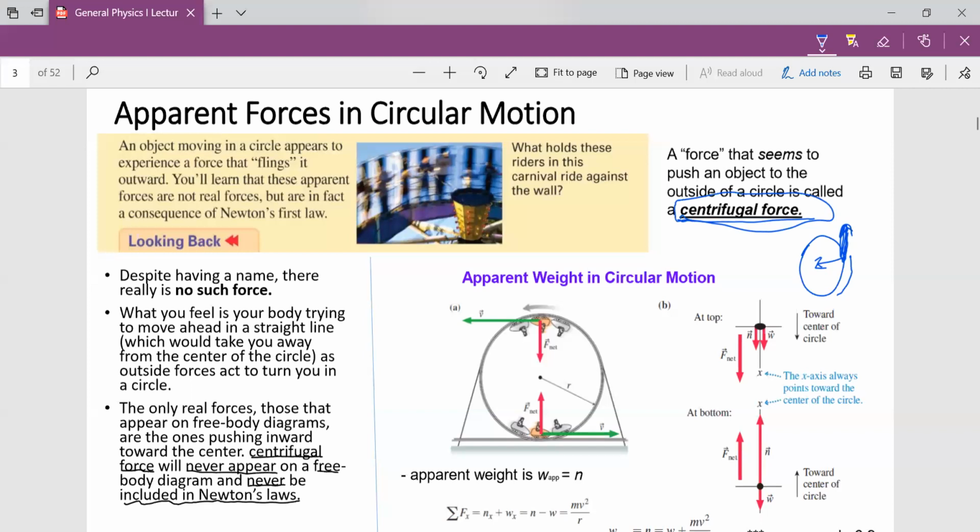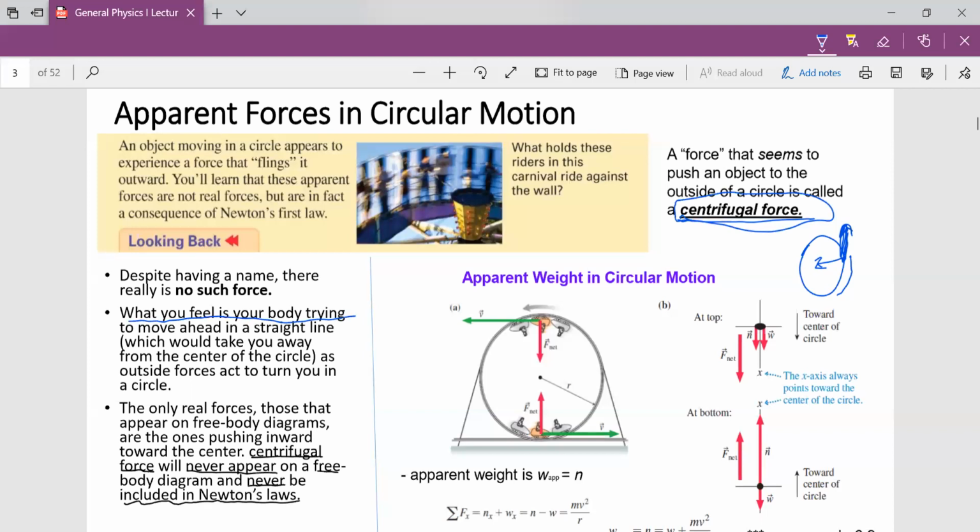So you experience a feeling as if you're being pushed outward, but actually it is that push that helps you take the curve so that the acceleration can be towards the center, because you're not going to go off the car. The car is taking the curve, but the object feels like it's being pushed away from the center, while it's making that curve round, and acceleration is now directed towards the center. And that's what we're describing here.